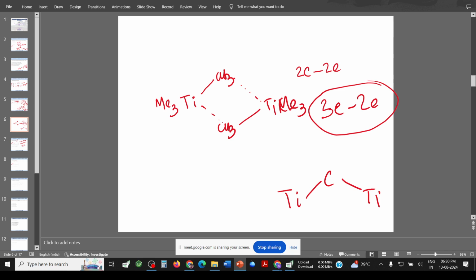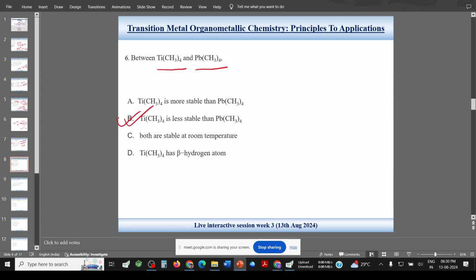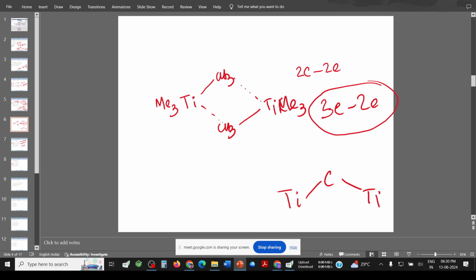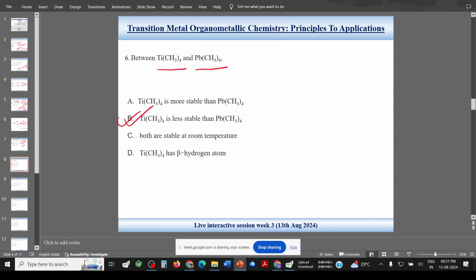But if we have lead, which has very big orbitals, carbon cannot interact with the other molecule. That's why this bimolecular decomposition pathway is not favorable for lead, while it is favorable for titanium because of the higher energy difference between the carbon atom and lead. That's why lead is more stable.